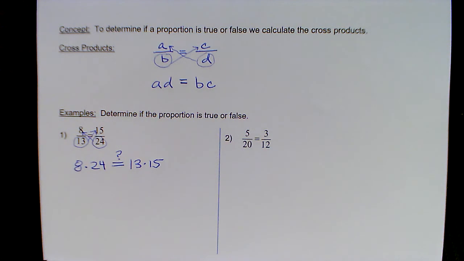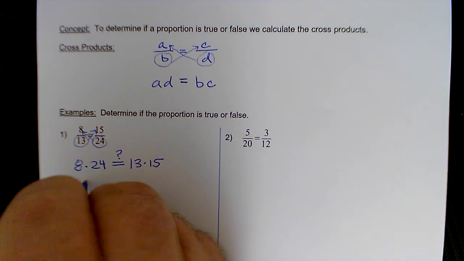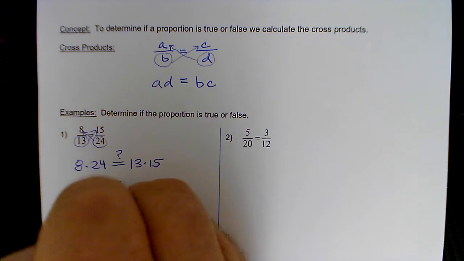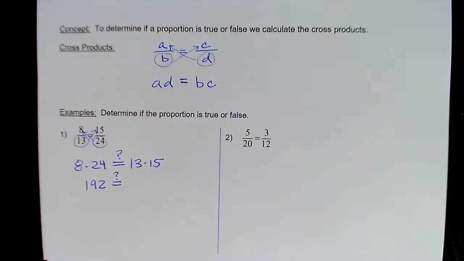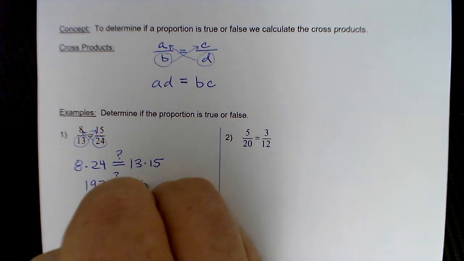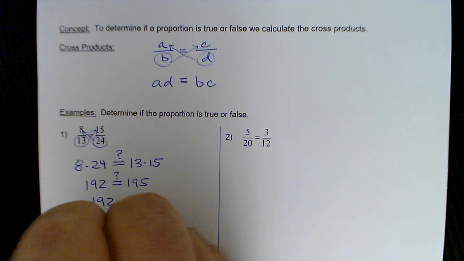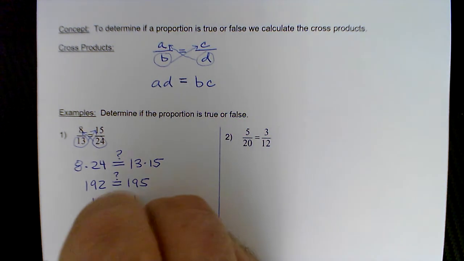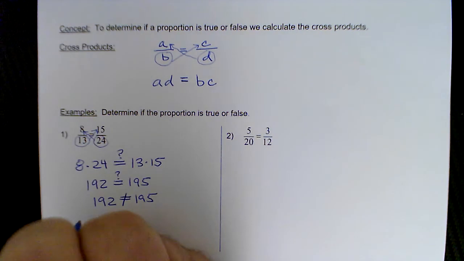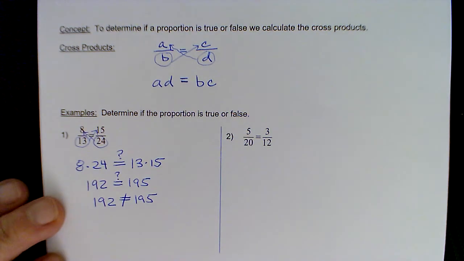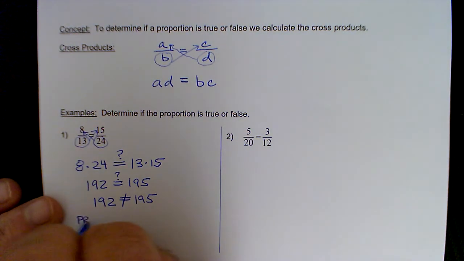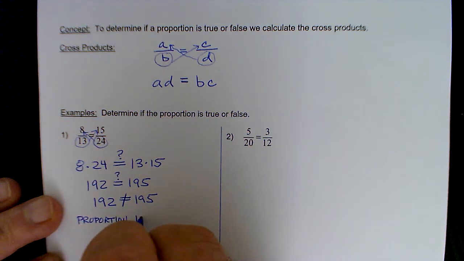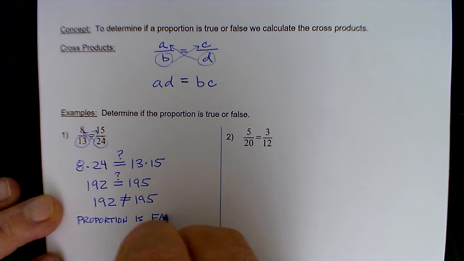I'm just going to do so I don't make any careless errors. 8 times 24, 192. Is that equal to 13 times 15, 195. And obviously 192 is not equal to 195. So since that's a false statement, we say the proportion is false.